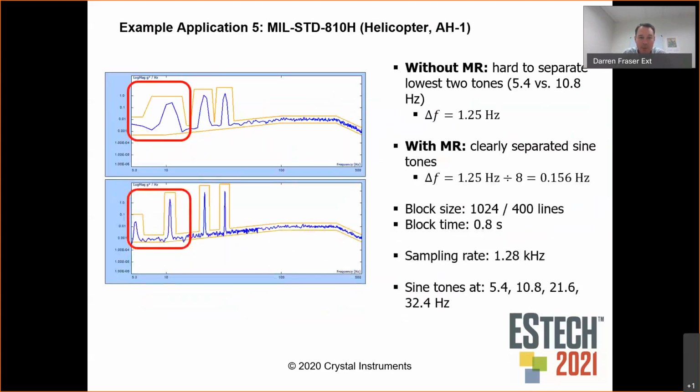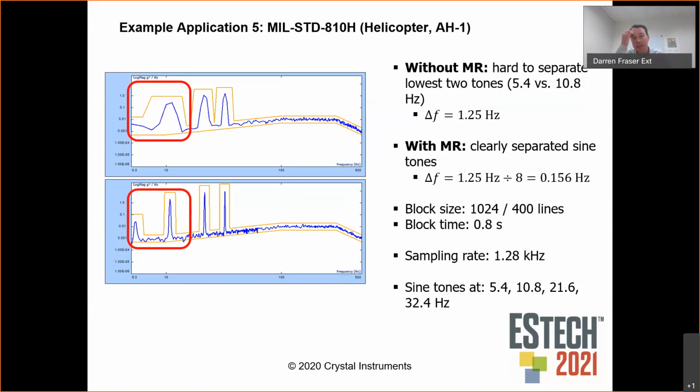Okay, let's move a little bit further with the same example, but instead of the Annex C section, let's move along the same lines to the Annex D section, where we now have 2 tones at 5.4 hertz and 10.8 hertz respectively, lower than the 17 hertz tone we had in the Annex C example. And so here, the problem is even more severe.